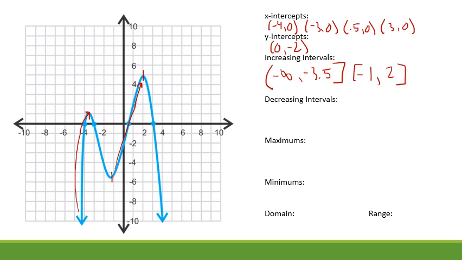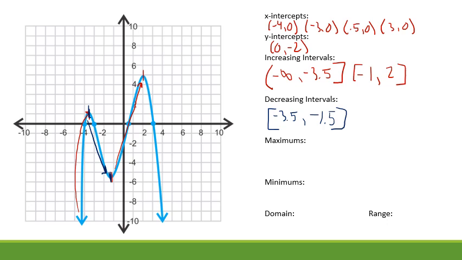My decreasing intervals, change colors here, would be from this point to this point. Again, it's decreasing because it is going down from left to right. That would be from -3.5 on the x to roughly -1.5. Okay, both of which are included on the graph.